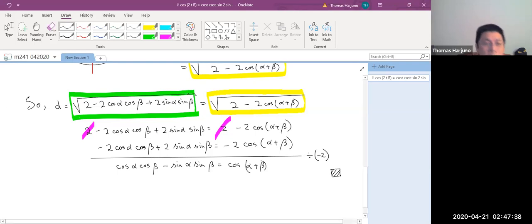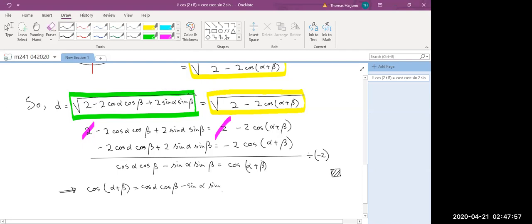That is, cosine alpha plus beta equals cosine alpha cosine beta minus sine alpha sine beta.